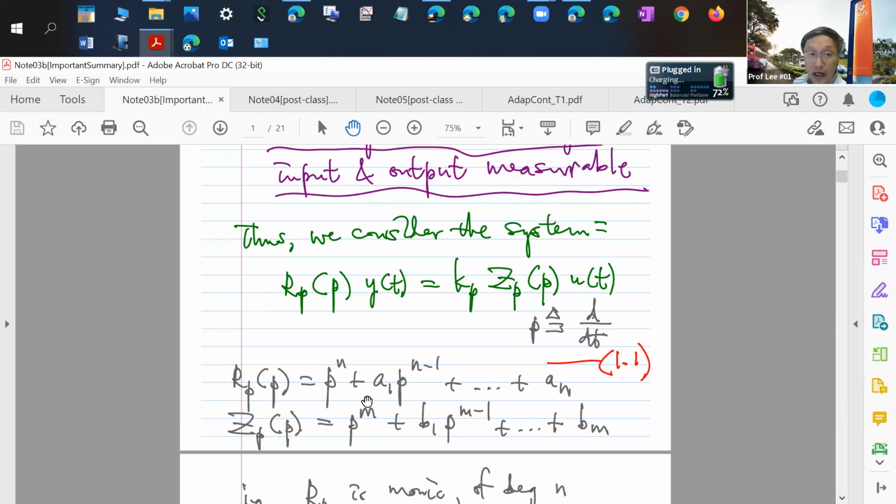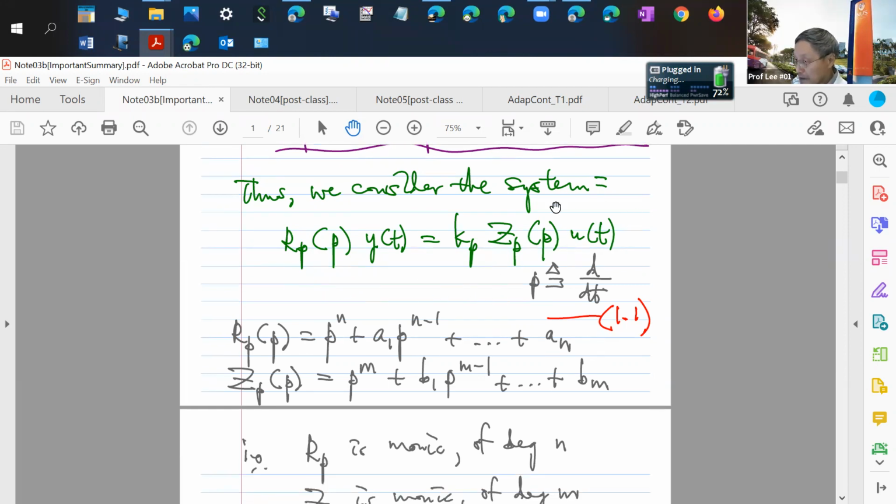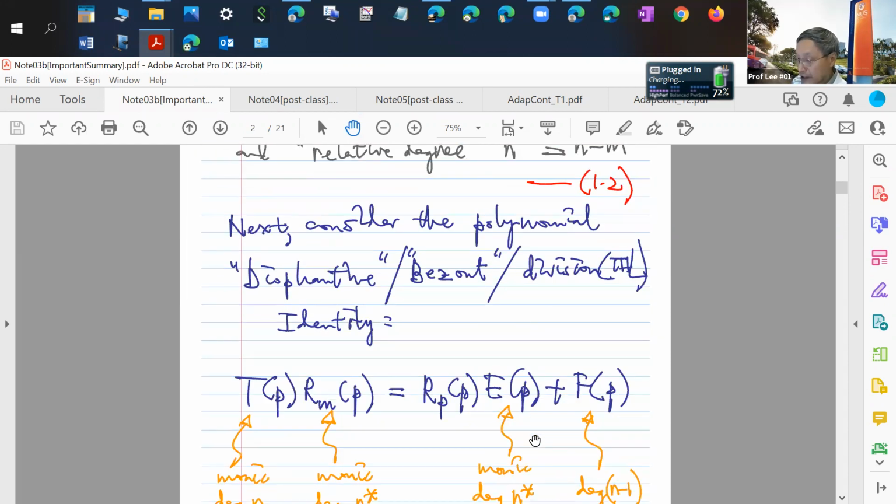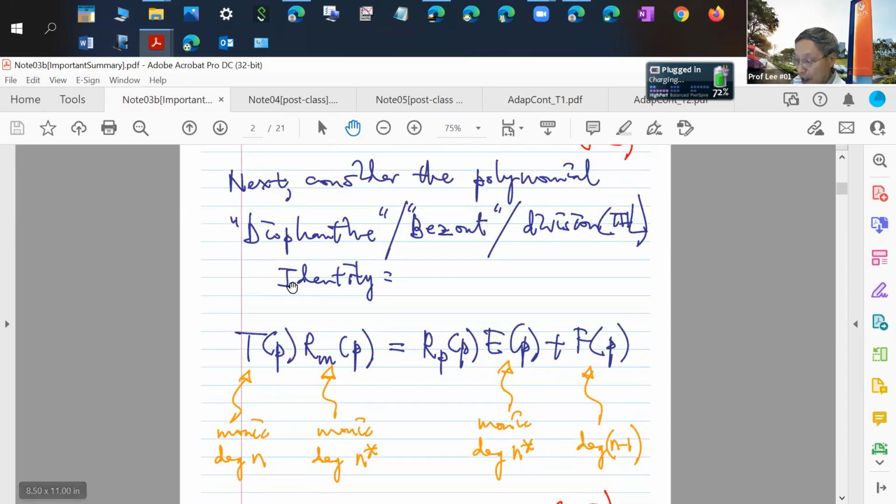So if it turns out like in your normal control module, where you are working with a system that you know, so all these numbers are known, including Kp, and then you come to this stage and you are the one that will specify the design polynomial T. You are also going to be the one that specify the design polynomial Rm.